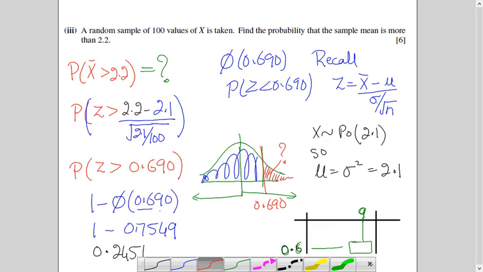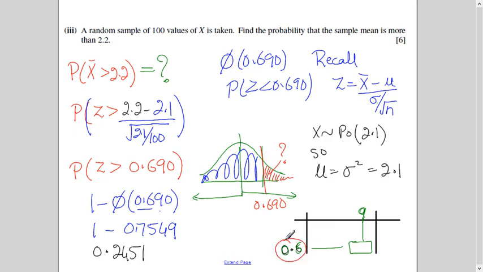And you know from the table, the first decimal place is read from here, second is from here, third is from here. In this case, there is no third, it's 0. So we will not go into this side. So whatever is the 0.69 probability given here, which is 0.7549, I will write here and then I'll subtract it. So in this way, I will solve this question.